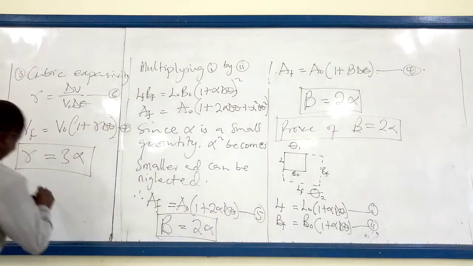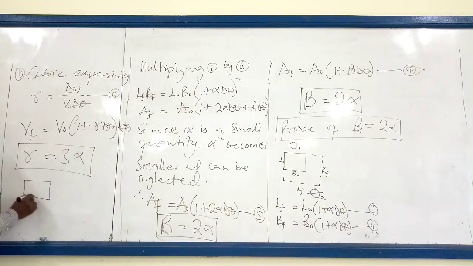What that means, to do this, you need to sketch a box, like this, so that you can have your length, your breadth, and your height. So this is the breadth, this is the height, and this is the length of the box. Now, this is at temperature theta 1.